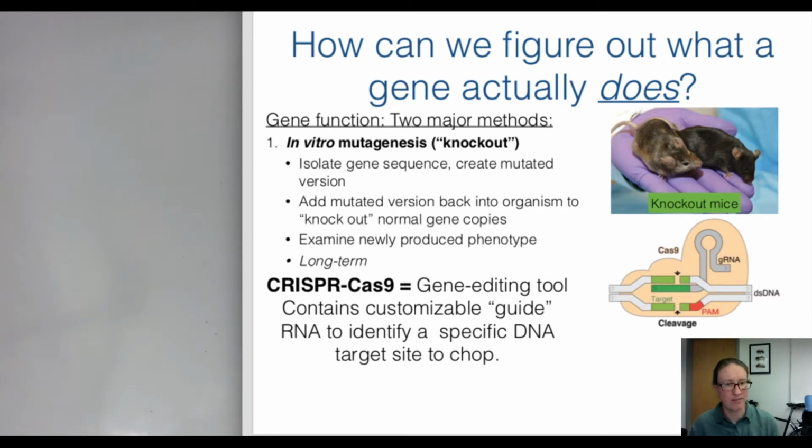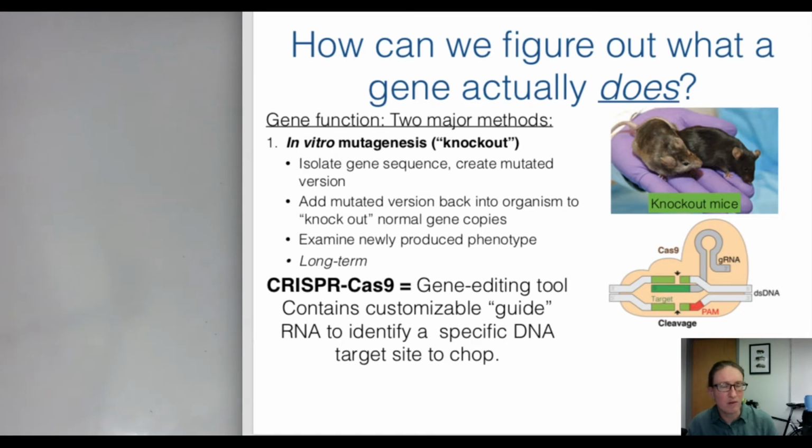Then you let that organism develop and you examine the result. What's the new phenotype? So this is a relatively long-term method for studying the effects of a gene. And it's been very widely used, particularly in the model organisms that I've been talking about.